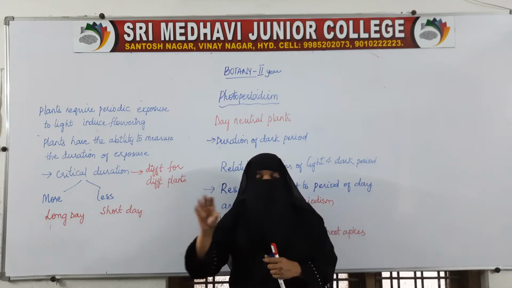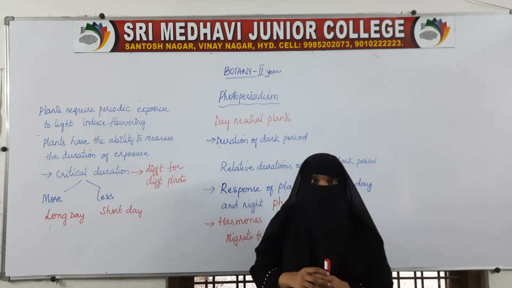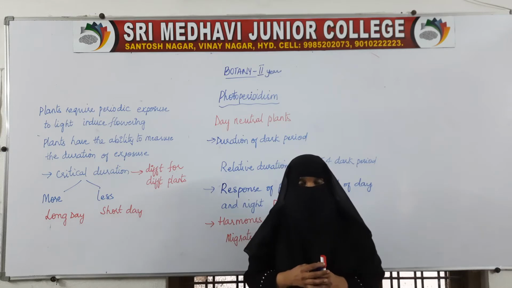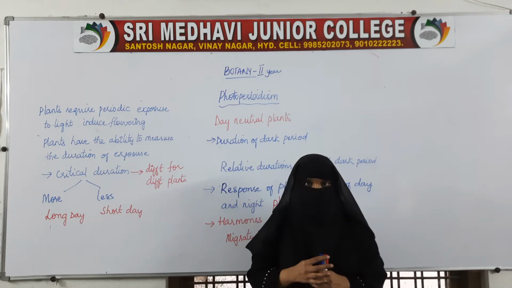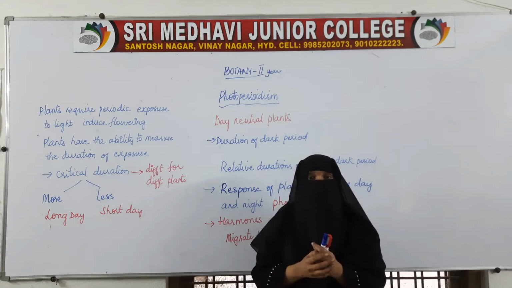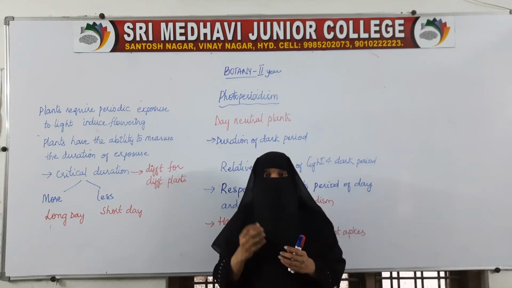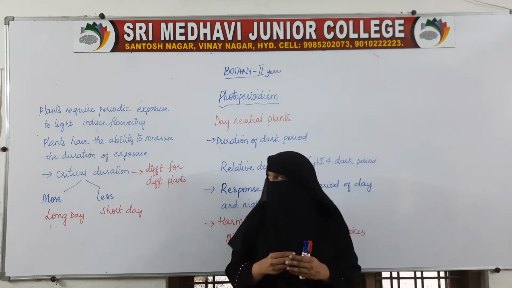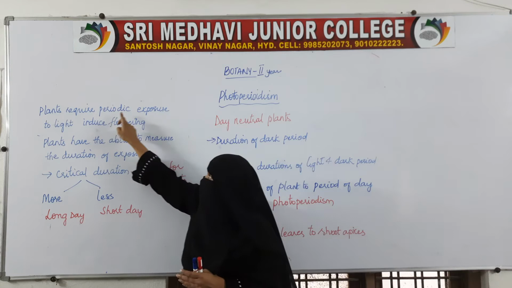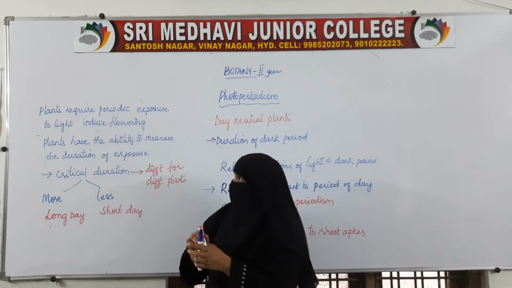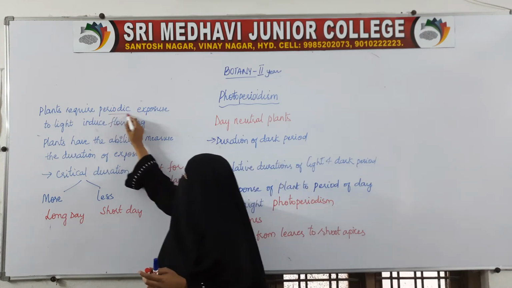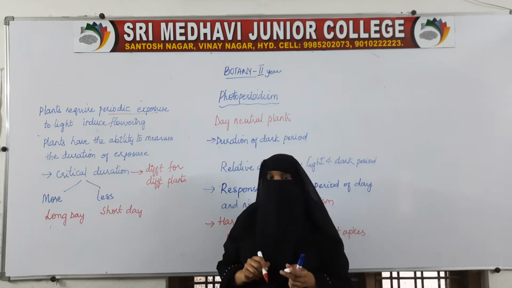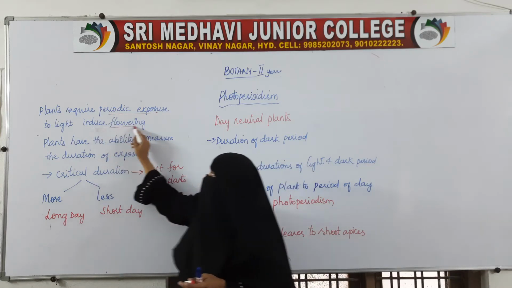For example, the critical duration is 8 hours. So plants have the ability to detect for how many hours they will be able to get the sunlight. Plants require periodic, timely exposure to light for inducing flowering.